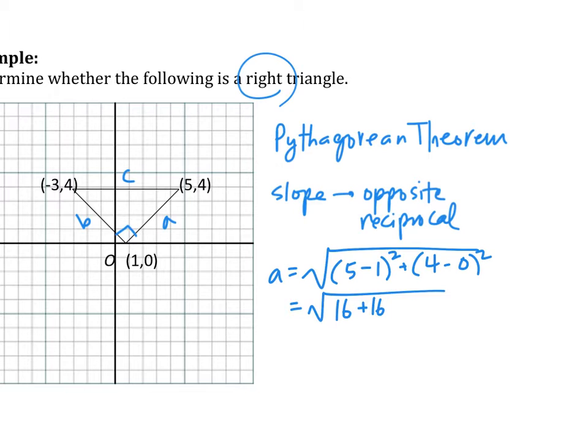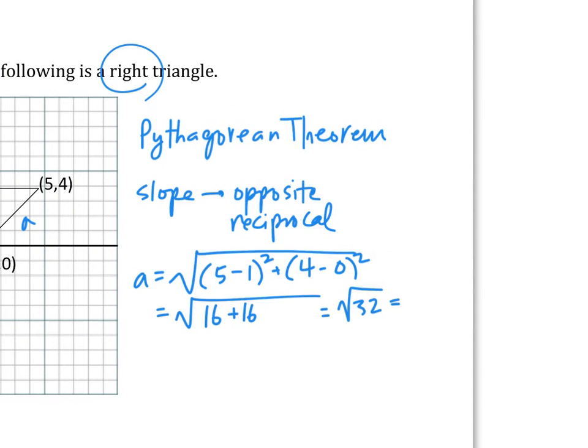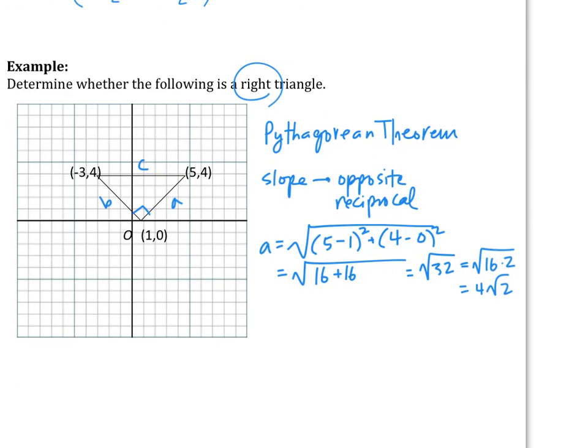So that is 16 plus 16, which is 32. So the square root of 32 is, I will simplify this really quickly. Square root of 32, 32 is 16 times 2. So that is 4 root 2. All right, let's find length B. Same idea.